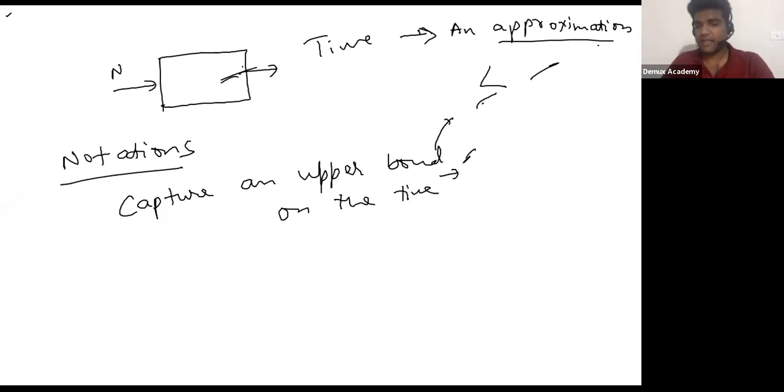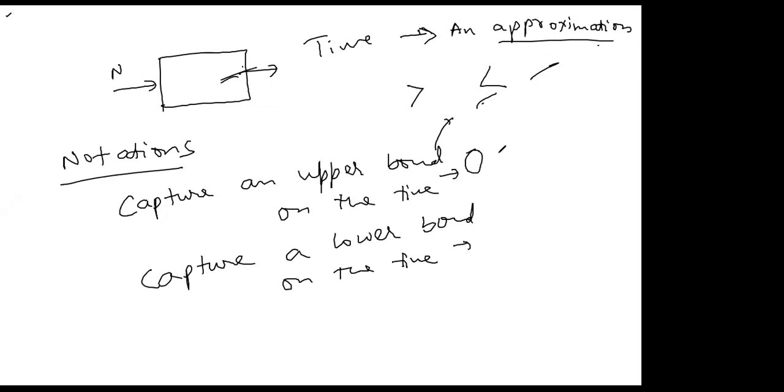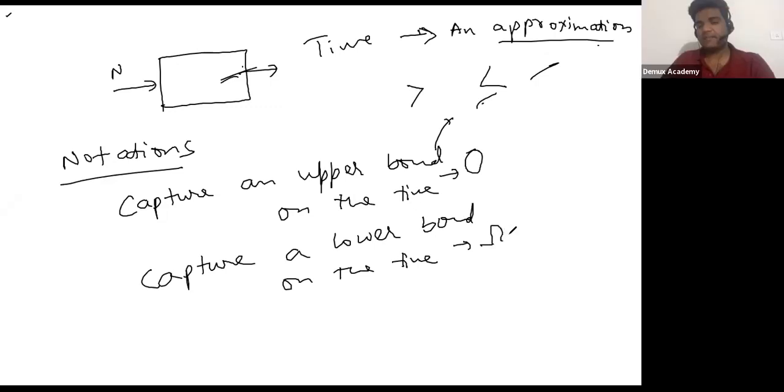So that we capture by the big O notation. Similarly, we want to capture a lower bound on the time that a program takes to run. So we want to say, hey, this program takes at least this much time. So that is being captured by the small omega.